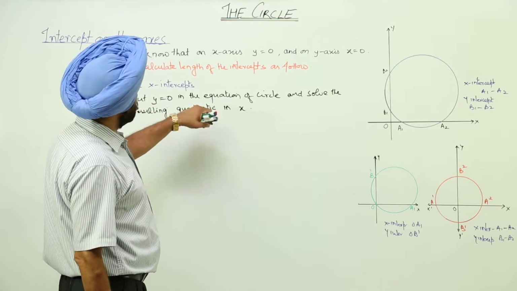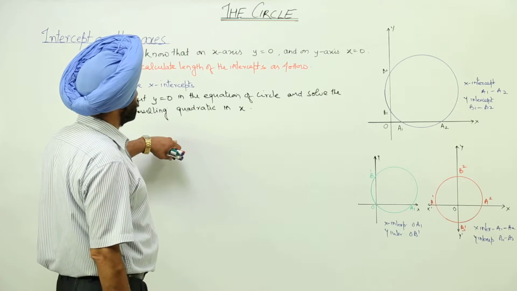So, put y is equal to 0 in the equation of the circle and solve the resulting quadratic in x.